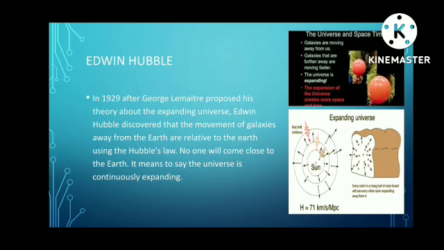None are coming close to the Earth. It means that the universe is continuously expanding. Galaxies are moving away from us, and galaxies that are farther away are moving faster than galaxies that are nearer to our planet Earth.